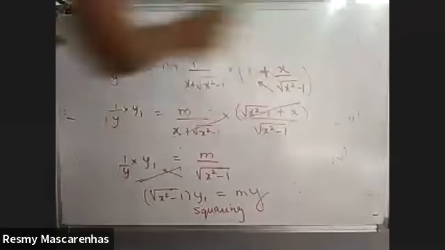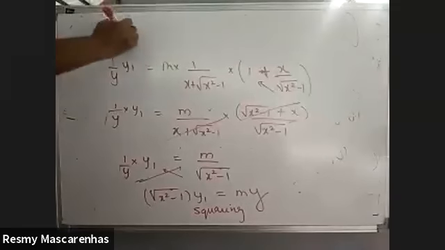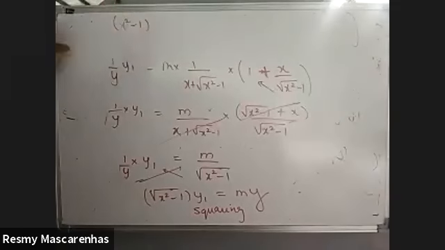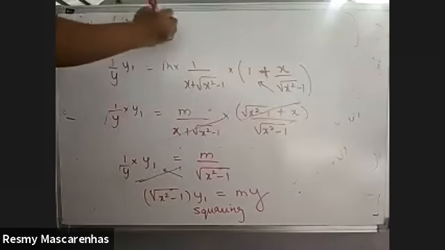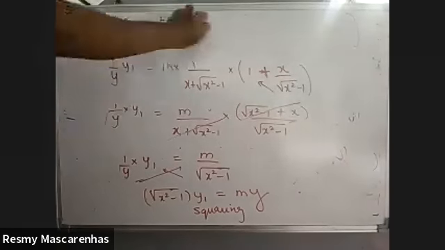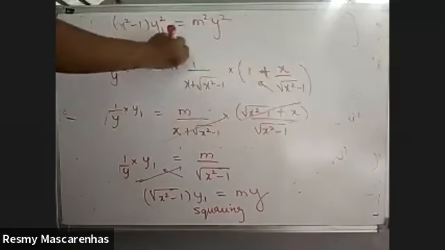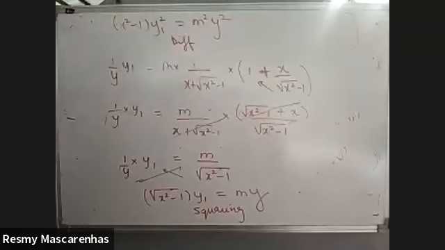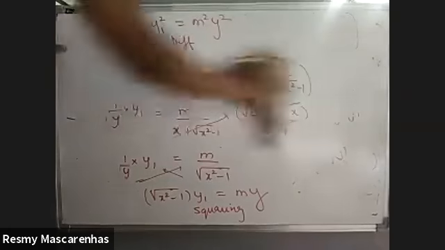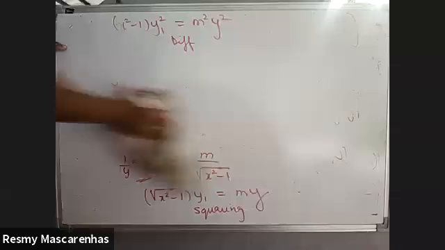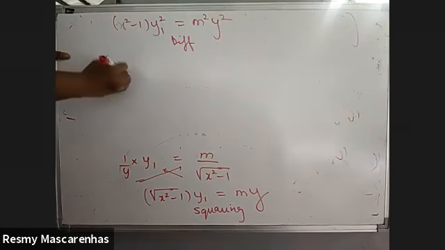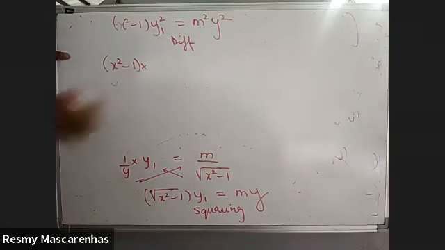So after squaring, we will get this term, x square, y1 square, m square, y square. And now I will differentiate. So this will be x square minus 1.